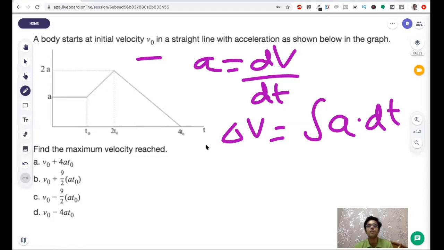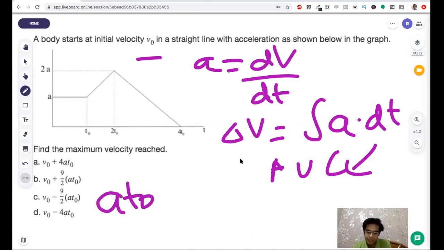So what we need to do is find the area under the curve. Integration of a dt is nothing but the area under the acceleration-time graph. If we find the area under the curve, we will find the change in velocity. So the first rectangle is a into t naught.